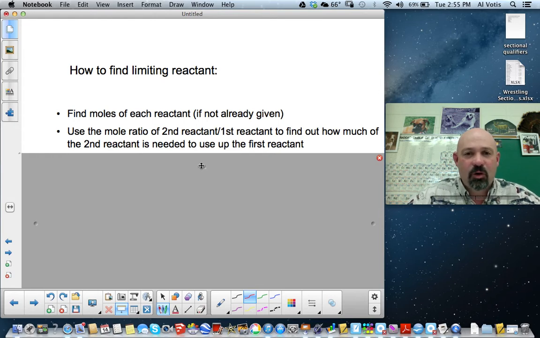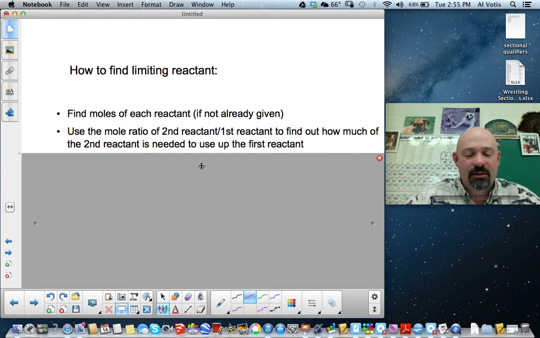We're going to take our first reactant's moles times the mole ratio of our second reactant to the first reactant. And again, the mole ratio means we're using the coefficient moles. So it's going to be the coefficient moles of our second reactant over the coefficient moles of our first reactant. And when we multiply that by the moles of our first reactant, that's going to tell us how much of the second reactant we would actually need if we want to use the first one up completely.